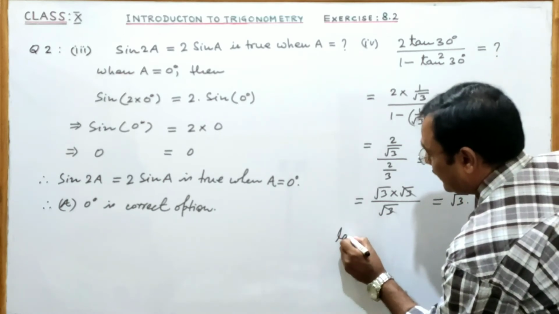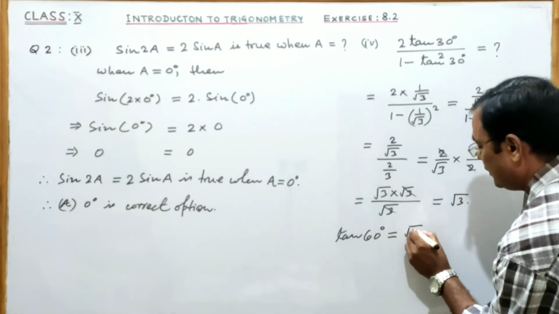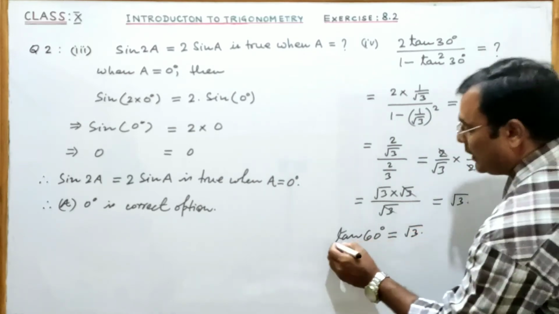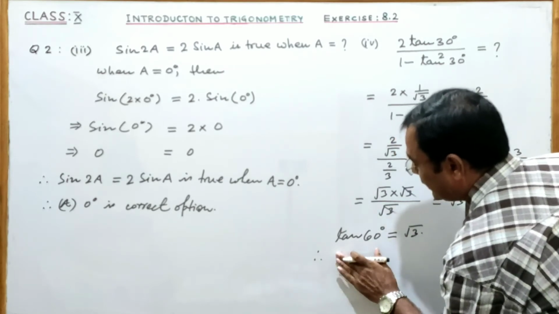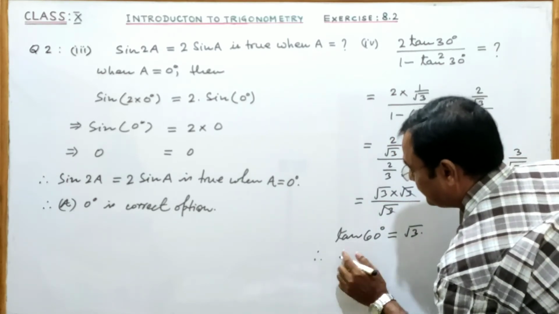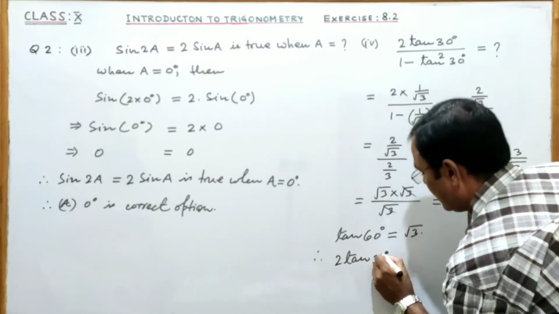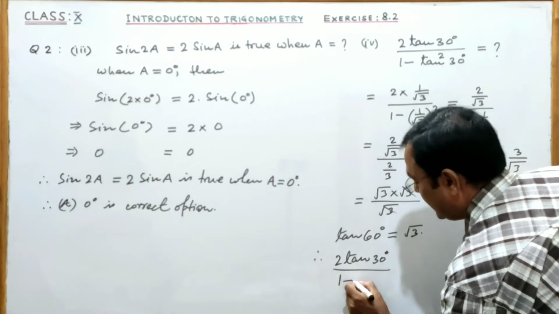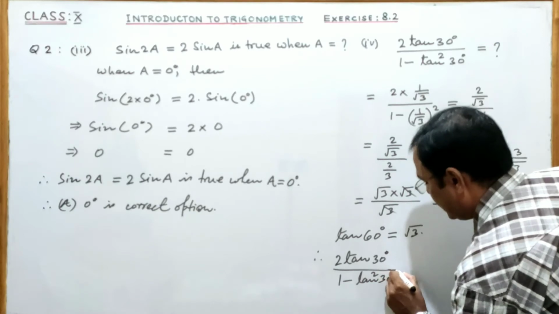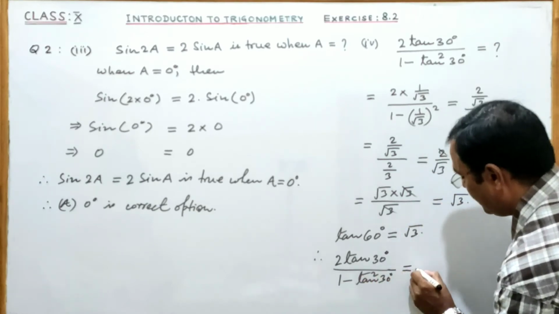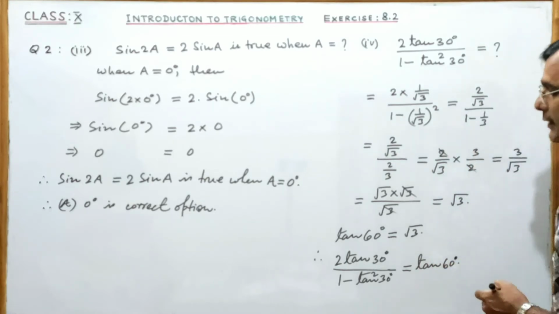Now tan 60 degrees value is also root 3. Therefore, 2 tan 30 degrees divided by 1 minus tan square 30 degrees is equal to tan 60 degrees.